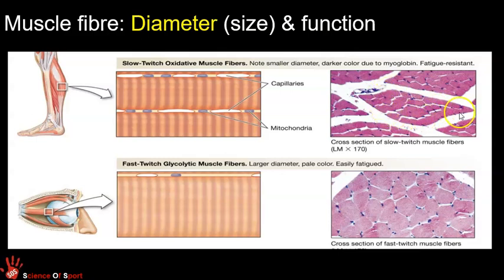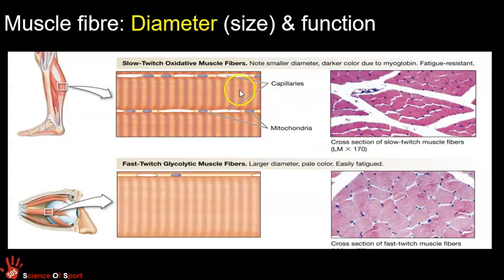There's lots of them packed in there. These are slightly larger, so these are our type 2X or fast glycolytic fibres, and they have more protein, more myofilaments packed in them. They are effectively thicker.